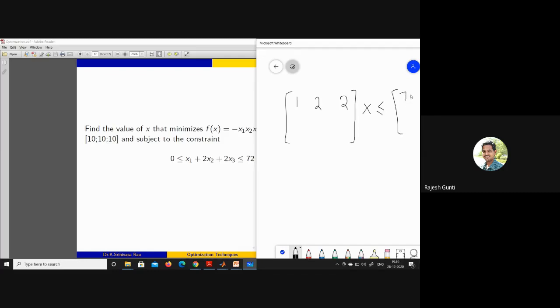Second equation: x1 plus 2x2 plus 2x3 greater than or equal to 0, that is minus x1 minus 2x2 minus 2x3 less than or equal to 0. Minus 1, minus 2, minus 2.